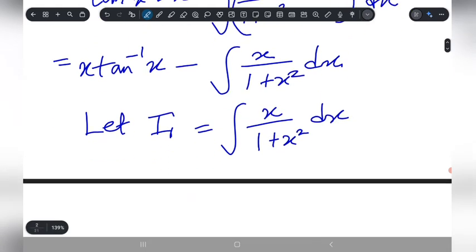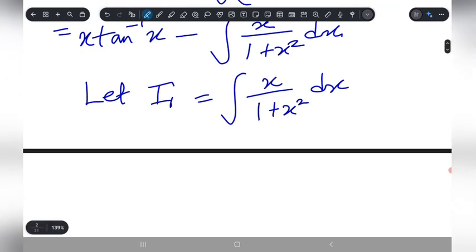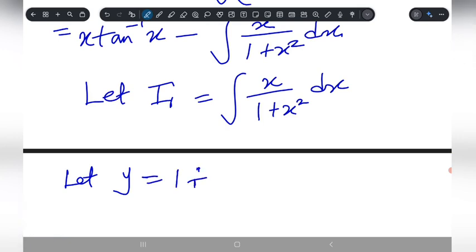Let's firstly integrate this and see what it gives us before we continue. In integrating this, let y be equal to 1 plus x squared. Let's differentiate y: dy/dx is equal to 2x.